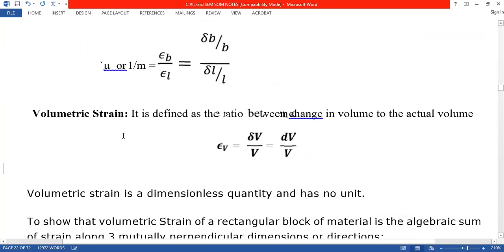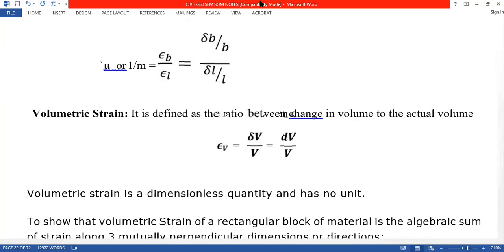In the same case, whenever there is a change in width as well as length, one more definition is there, that is volumetric strain. What do you mean by volumetric strain? Assume we have a sponge. Whenever I apply a load in all three dimensions, automatically the sponge gets squeezed. Or you can take a dry cloth.